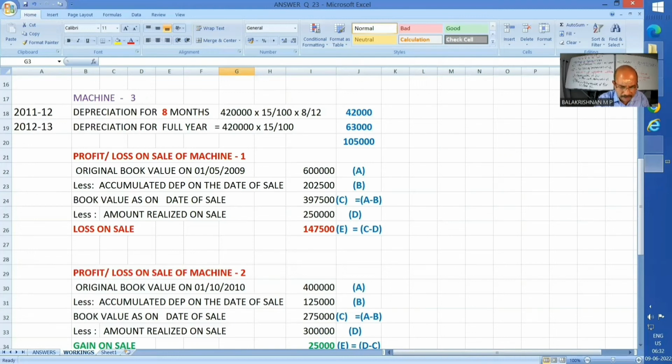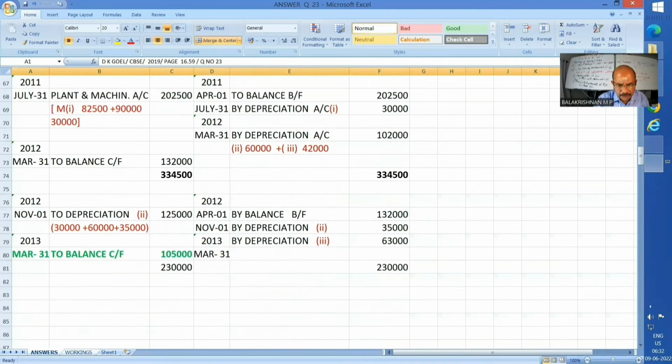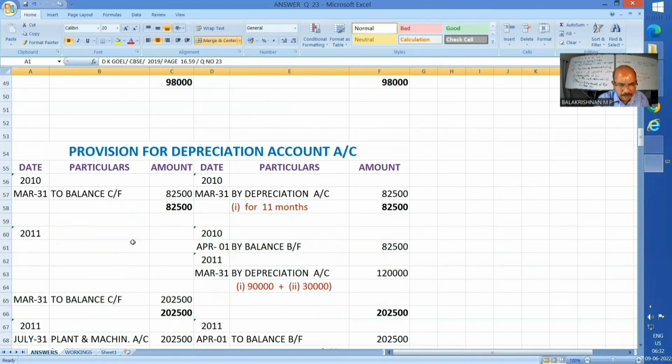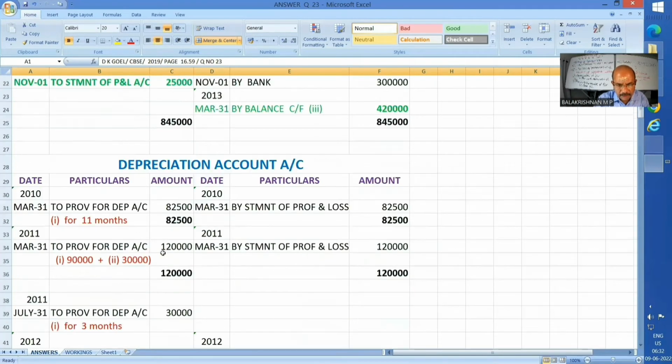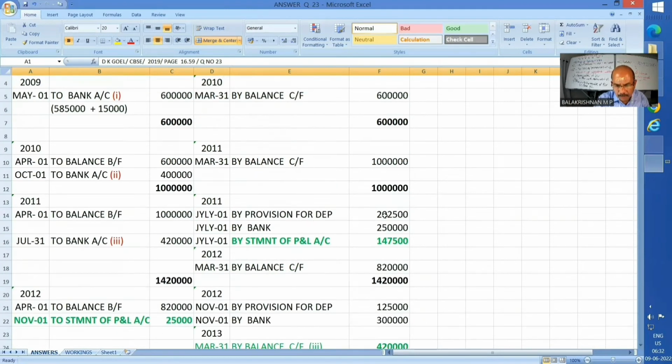Let's account the facts here. First is the provision for depreciation 2,02,500 in respect of machine 1. The entry will be provision for depreciation account debtor to plant and machinery. I'm sure you have learned the entry properly. Okay. Naturally, plant and machinery by provision for depreciation 2,02,500.